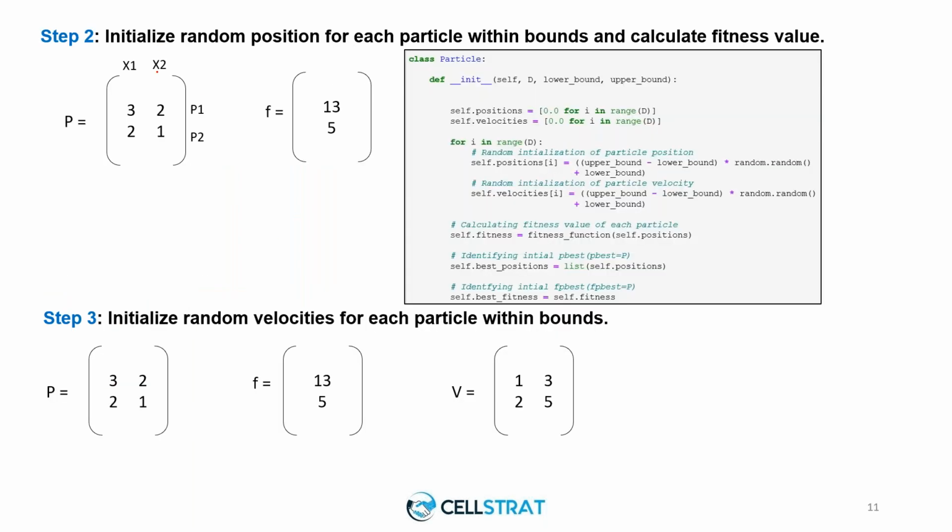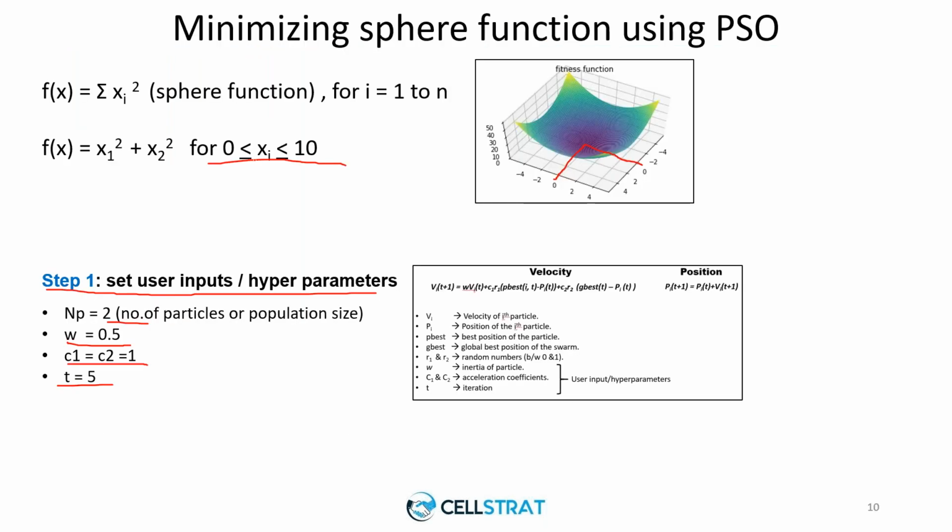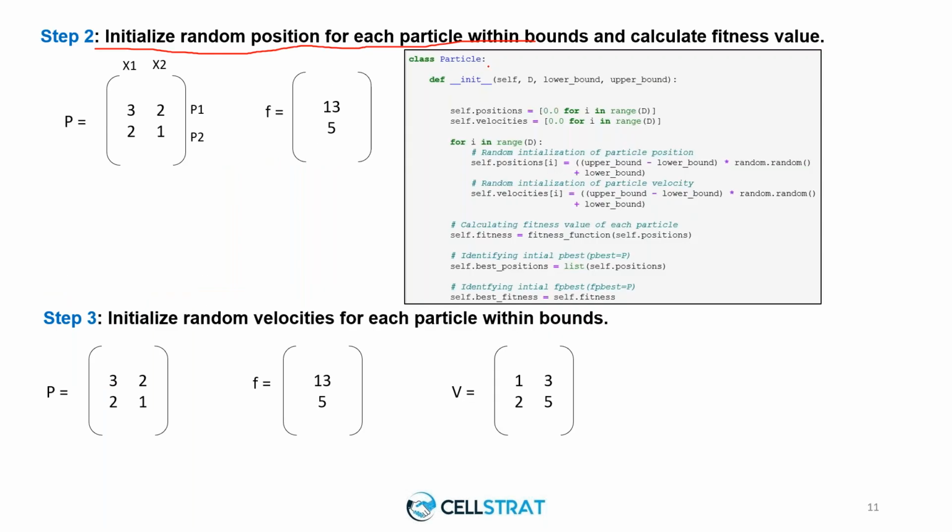Step 2 is to initialize a random position for each particle. You need to ensure that it is within the bounds of the landscape. Here I've taken 0 to 10. Then we calculate the fitness value for these positions. You have positions for 2 particles, P1 and P2, randomly initialized.